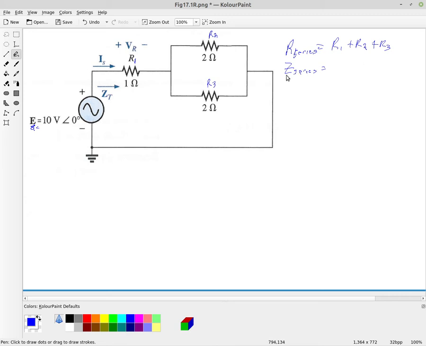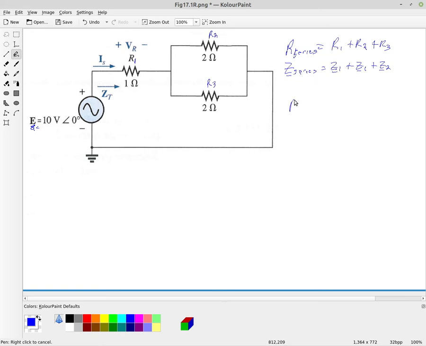Only we replace the R's with Z's because we could have reactances in there also. But the equation is really the same.